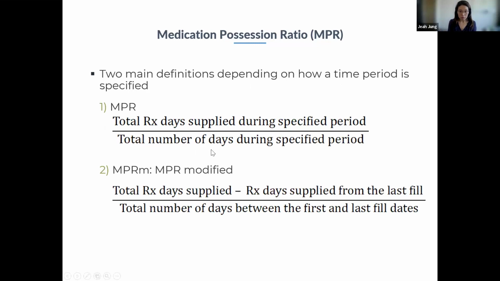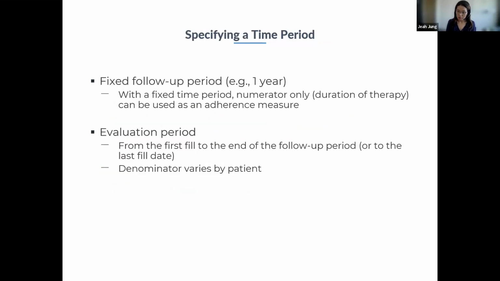Before we move to the second measure, I'm going to look at how we can specify the time period. One way is a fixed follow-up period. Let's suppose you are looking at statin adherence. You say, I'm going to follow a patient from the first prescription date, April 1st, for example, the first date that the beneficiary picked up a statin, and I'm going to follow them for 1 year, through March 31st of the following year.